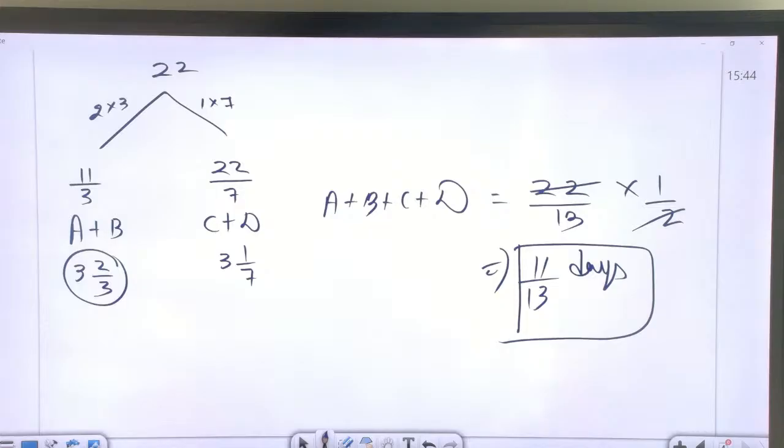And A and C can finish the work together in 40 days. So now we have 3 pairs. The first pair is A and B in 30 days. Second pair is B and C in 24 days. And third pair is A and C in 40 days.